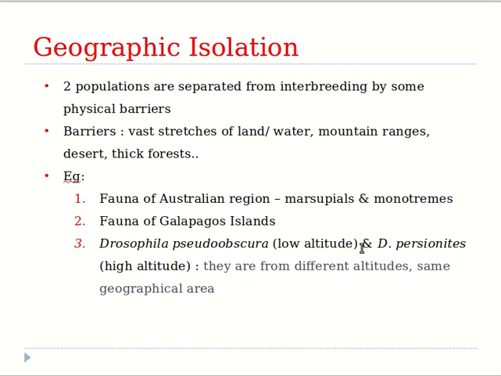So these two may not get a chance to intermingle, giving rise to interbreeding and genetic exchange. So Drosophila pseudoobscura and Drosophila persimilis are from different altitudes but the same geographical area, and because of this they are separated from interbreeding.